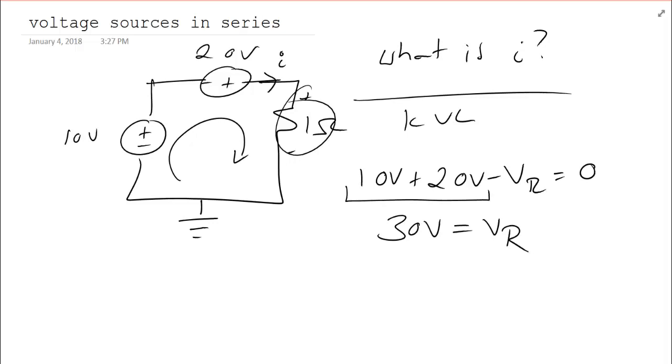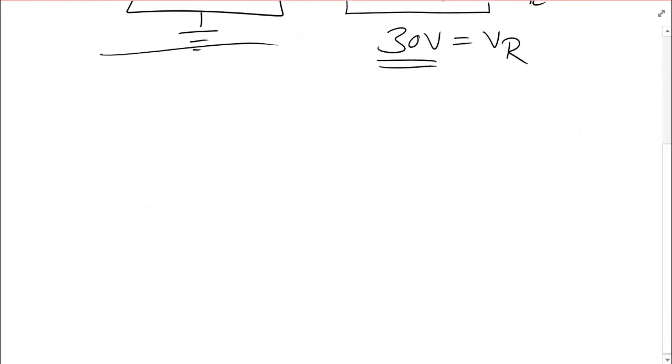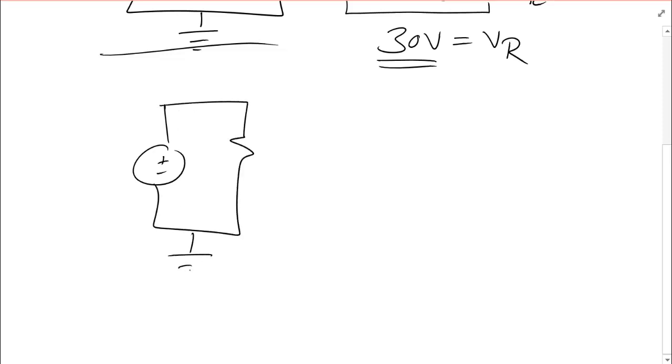Now, this might not sound amazing to you, but what we did was essentially take these two voltage sources and turn them into a single voltage source with a different value. In other words, I might be able to redraw this circuit as follows. With a 30 volt source and VR.